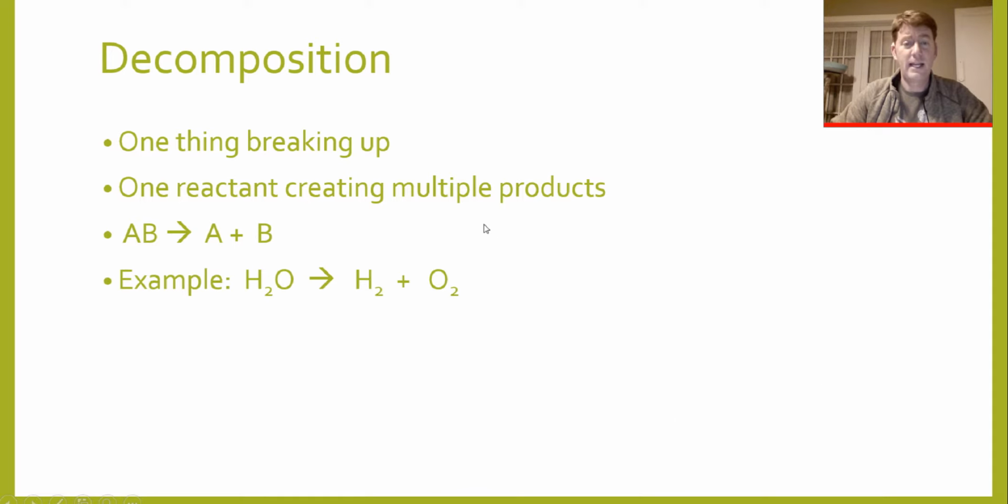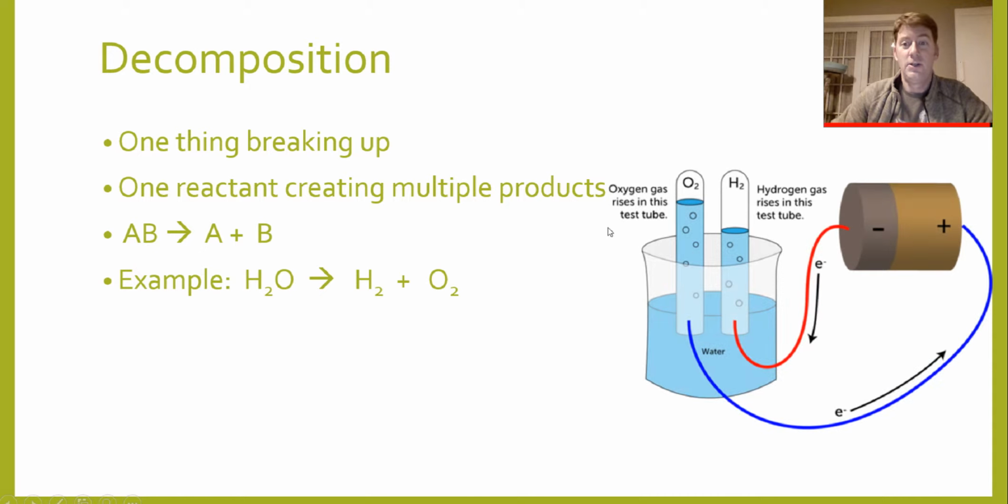So an example of that is thinking of water. We can take water, and using electricity we can break up the water into hydrogen gas and oxygen gas. So here's an example of that with a battery. We can have a test tube upside down filled with water in the beaker.